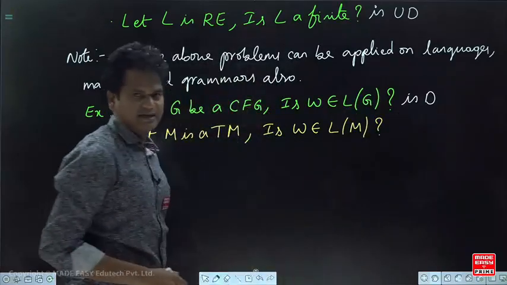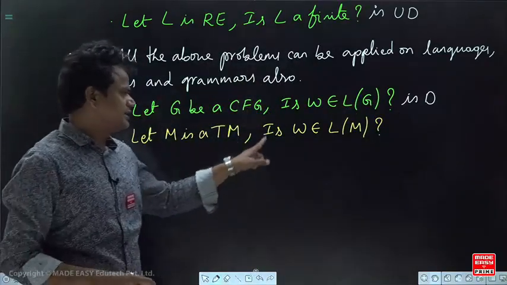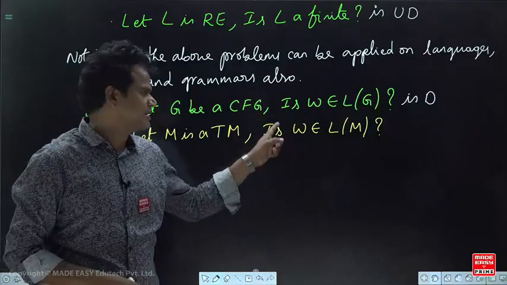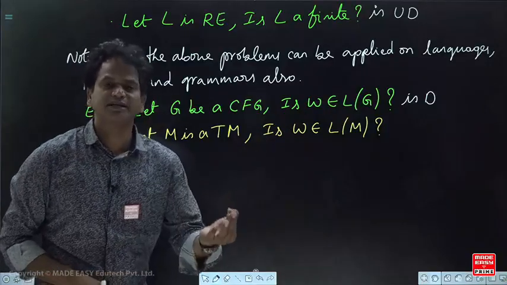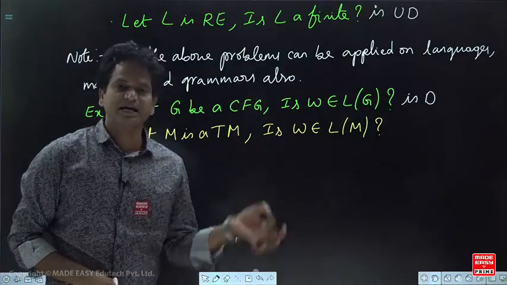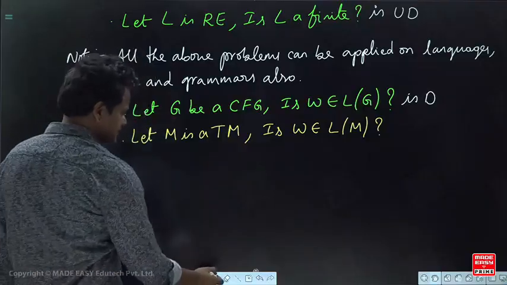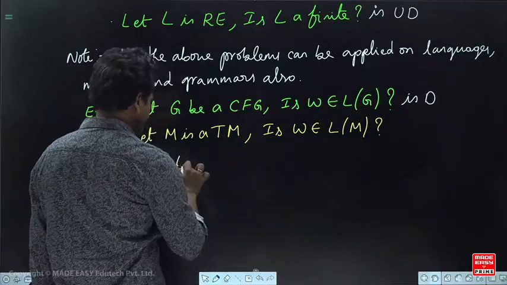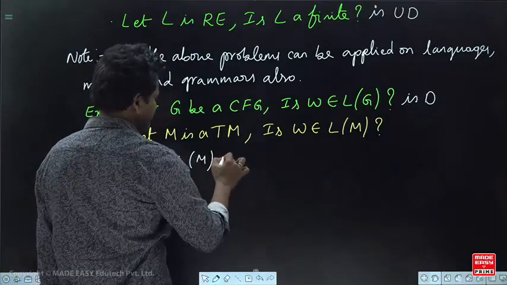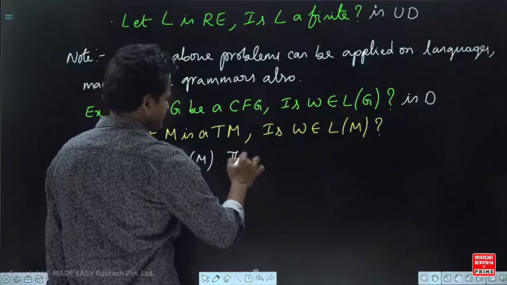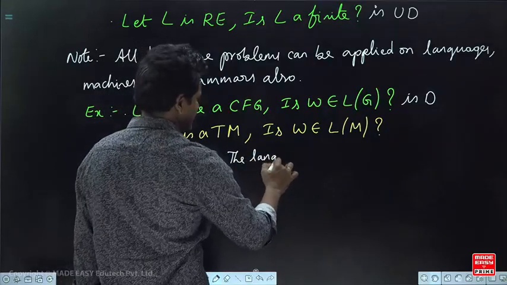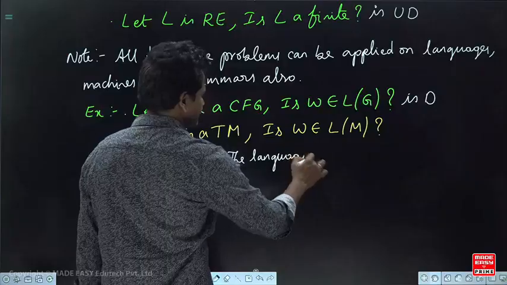M is a Turing machine, W is a string. What is the meaning of L of M? The language accepted by the machine.